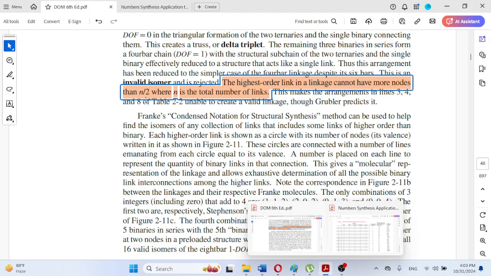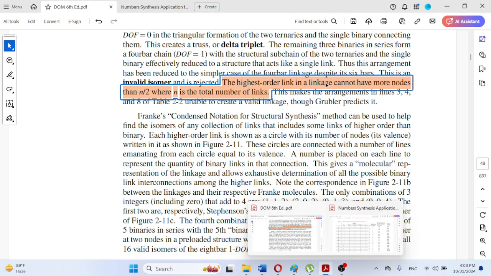That means if the highest order link is, for example, a hexagonal link, which has 6 nodes, and there are, for example, a total of 10 links, then n by 2 will be equal to 5.